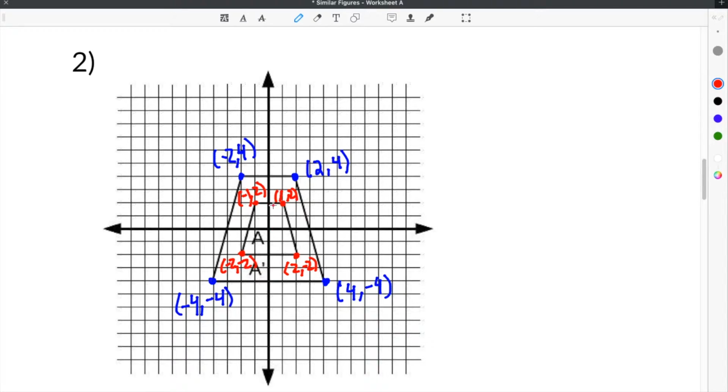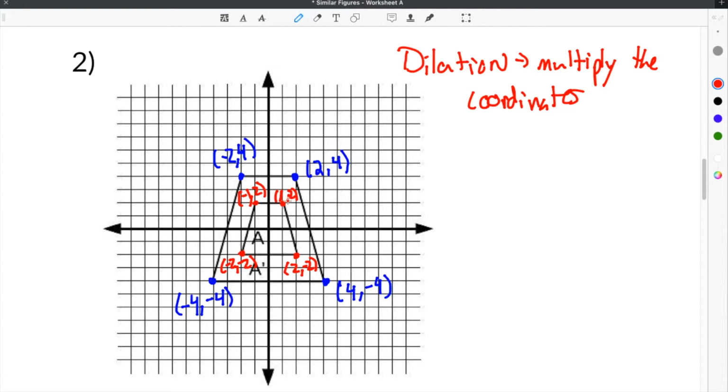Well, if you look, the shape gets larger, which means it has to be a dilation. So we have to use some type of dilation to go from one to the next. Now remember, a dilation means you have to multiply the coordinates by a scale factor. In order to go from 1, 2 into 2, 4, we have to use a scale factor. In this case, what we did was we multiplied everything times 2.